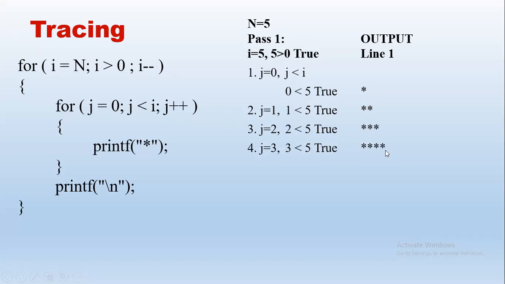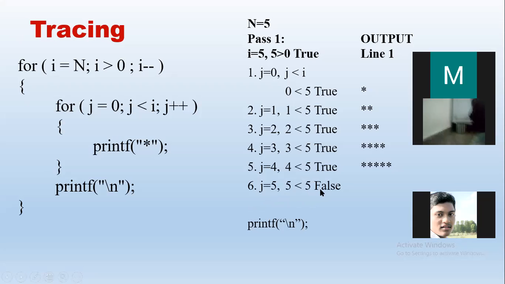Star is printed the fourth time. When j is 4, condition is true, 4 less than 5, star is printed the fifth time in line 1. Next, j becomes 5. 5 less than 5? j is 5, i is also 5. Condition false. Control exits from the inner loop, and we have a slash n.